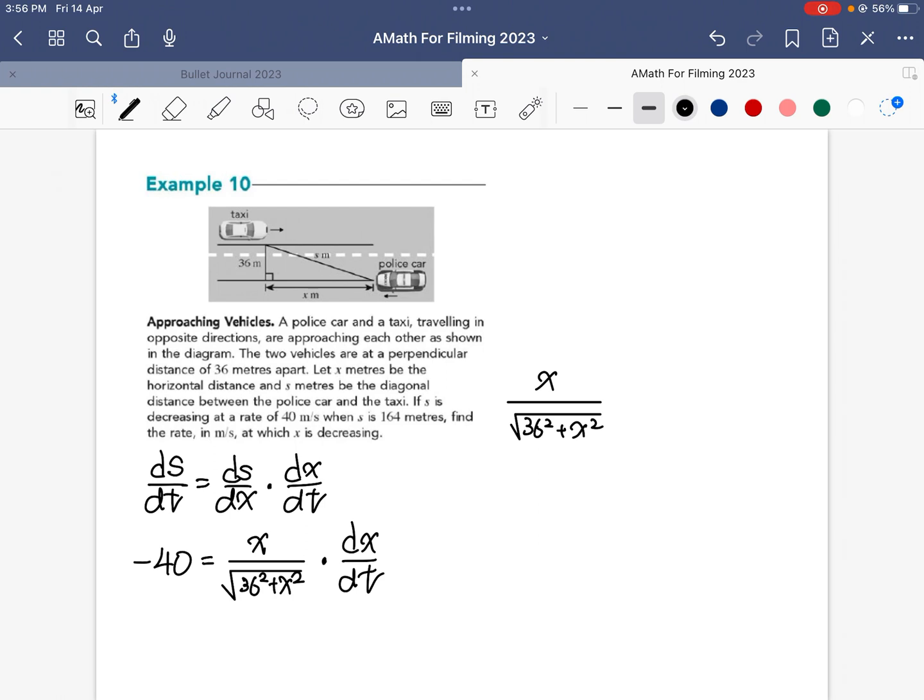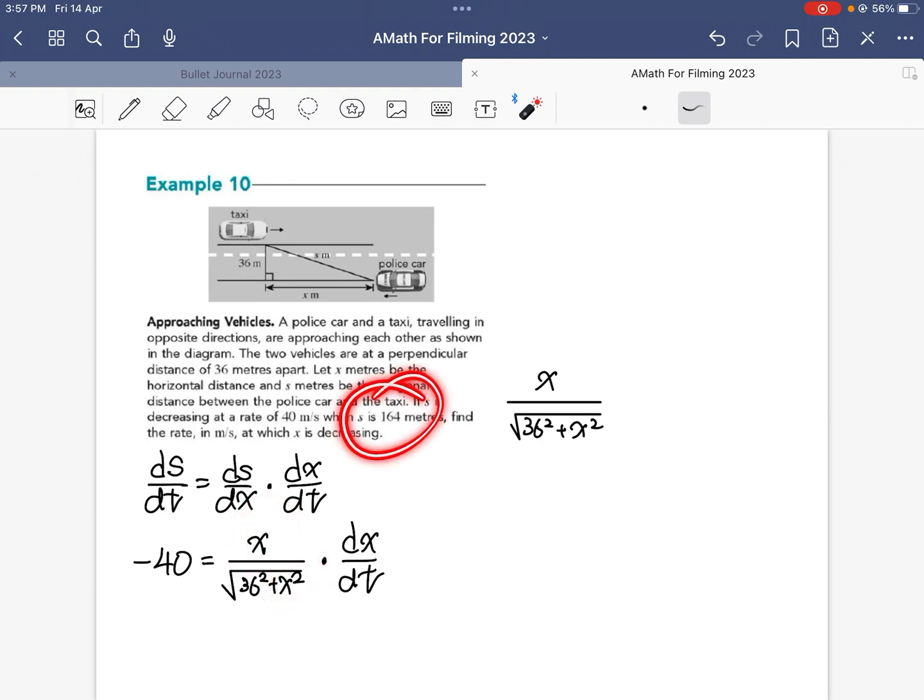What do I know also? I know that the x value, let me calculate the x value. Notice that I still need my x value. So how do I find my x value over here?